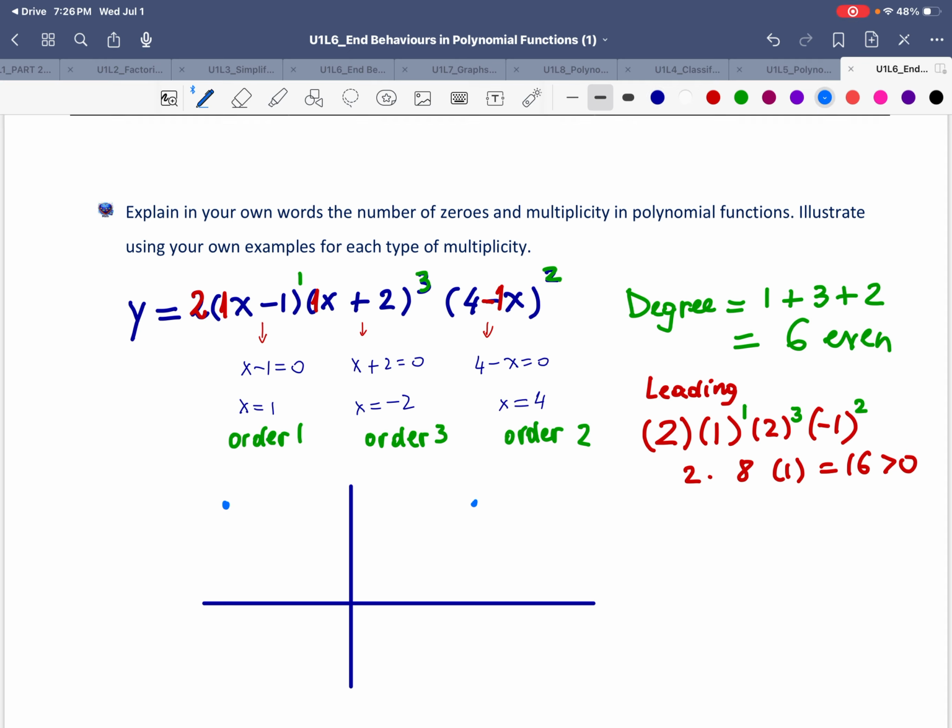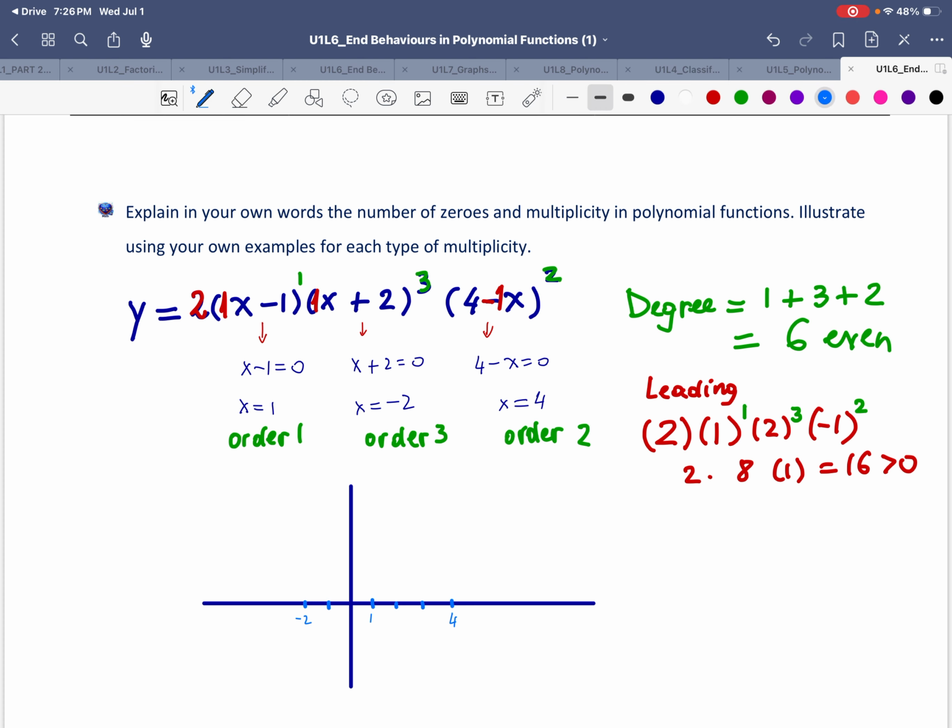So we have x-intercepts at -2, so let's say this is -2, one at +1 and the other one at 4. Again, this is just a sketch, so it's not a very accurate graph. We're going to do this in the coming lesson.